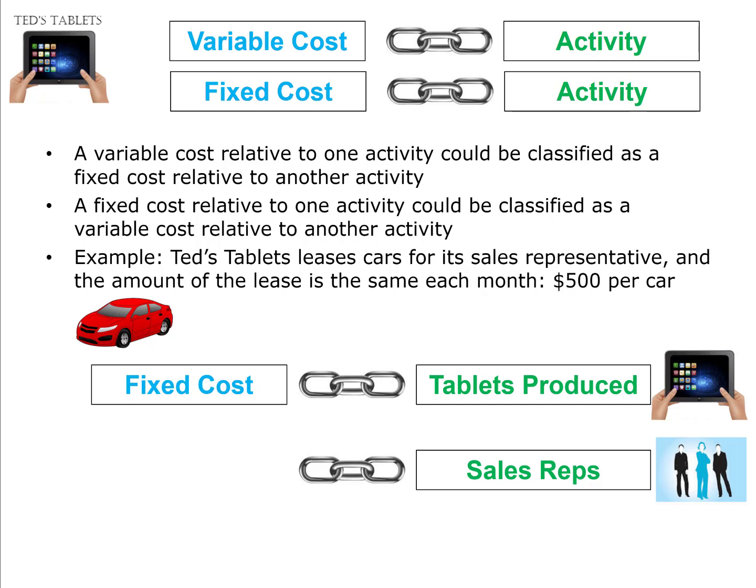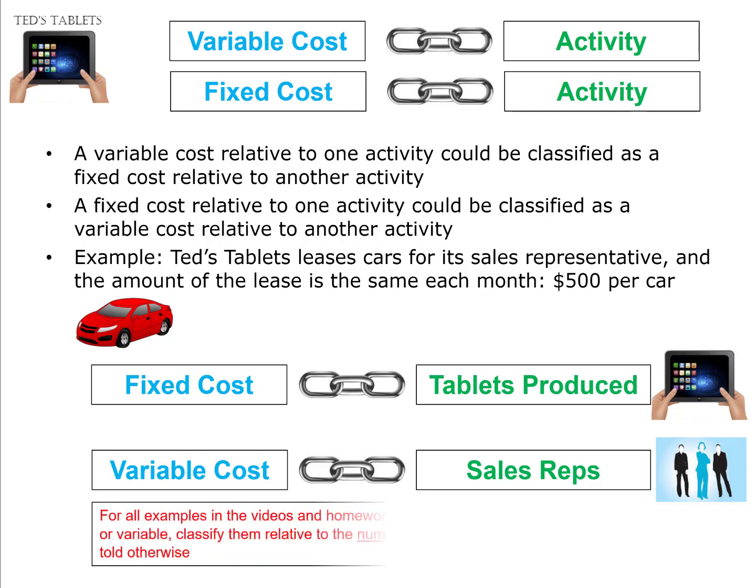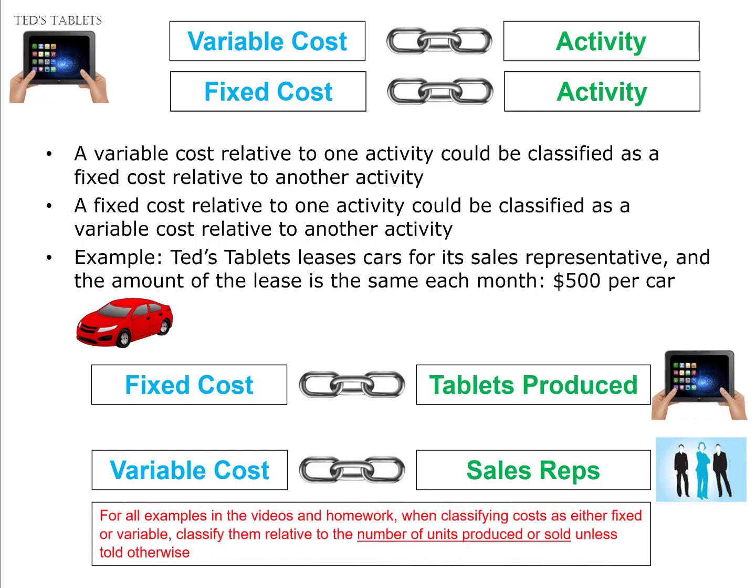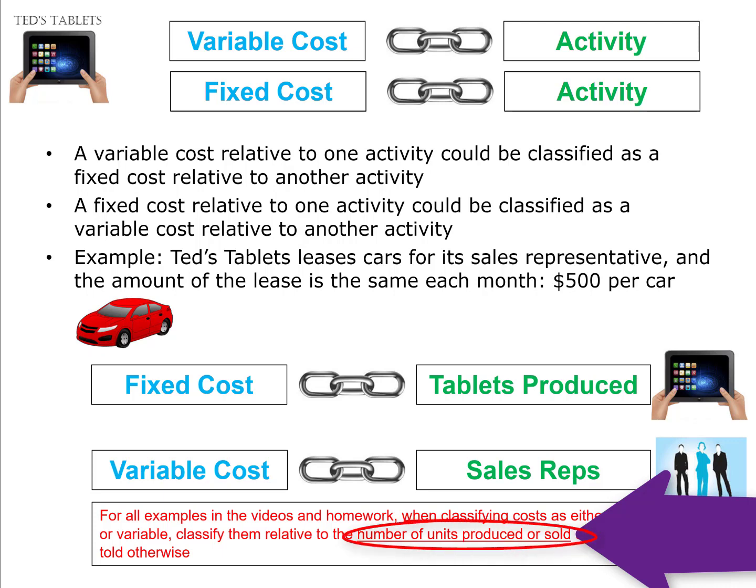So the cost of the lease is a variable cost relative to the number of sales representatives the company hires. The more sales reps, the higher the lease cost. So, as I mentioned before, for all the examples in the video and the homework, when classifying costs as either fixed or variable, classify them relative to the number of units produced or sold, unless told otherwise.